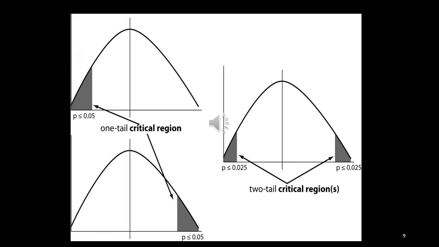So it means if your critical region lies on one side of your test or of your bell-shaped diagram, then it is called a one-tail test, and if it lies on both sides, then it is called a two-tail critical region.